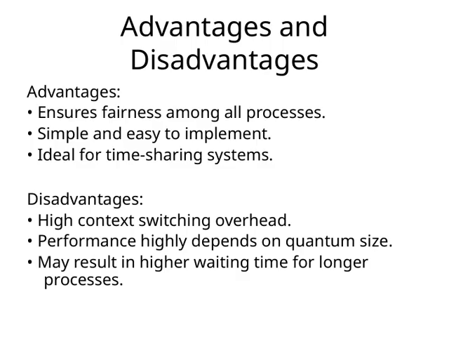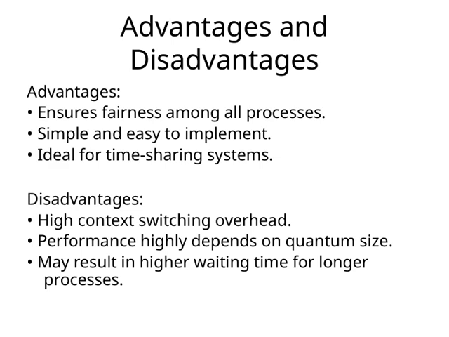Now, on to the disadvantages. One major challenge is the high overhead caused by context switching. Every time the scheduler switches from one process to another, some time is spent saving and loading process states, which can impact overall performance. The performance of this method highly depends on the size of the quantum. That's the time slice allocated to each process.